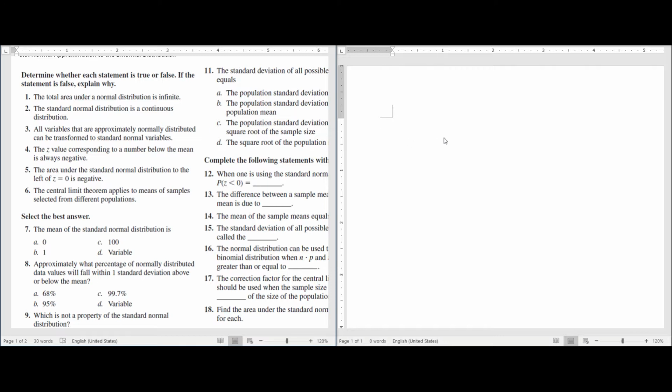So for a normal distribution, remember that your bell curve looks like that, and remember that it's continuous, it's smooth everywhere. The mean in the middle is 0 if it's standard, and the standard deviation is 1 if it's a standard normal distribution.